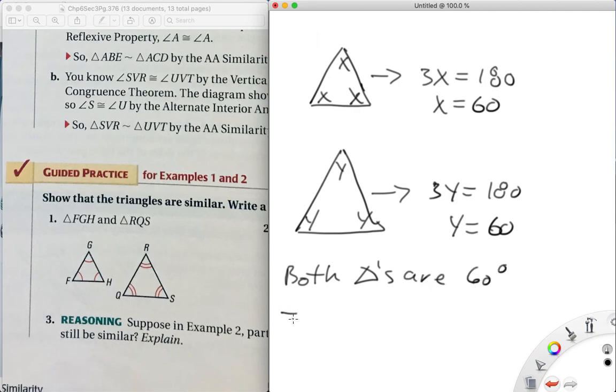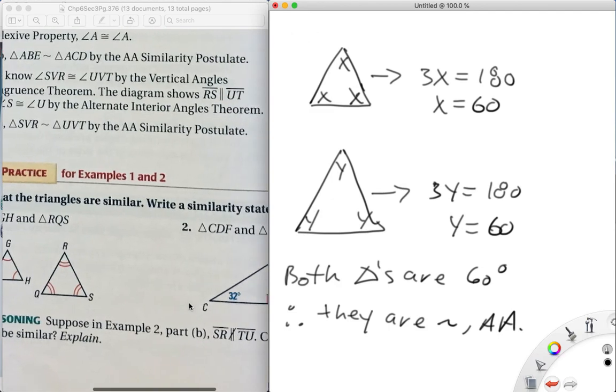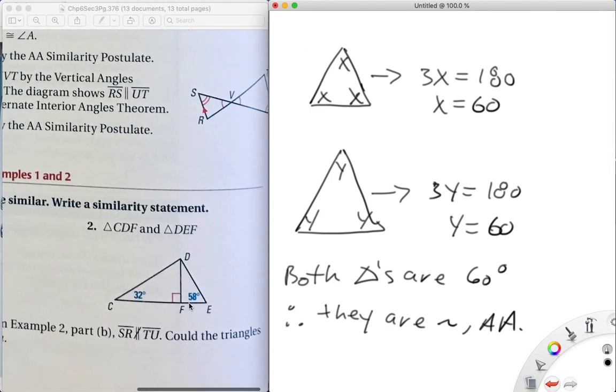Therefore, they are similar because of AA. Two angles here, at least, are the same as two angles here. Therefore, they're similar triangles because of angle, angle similarity.